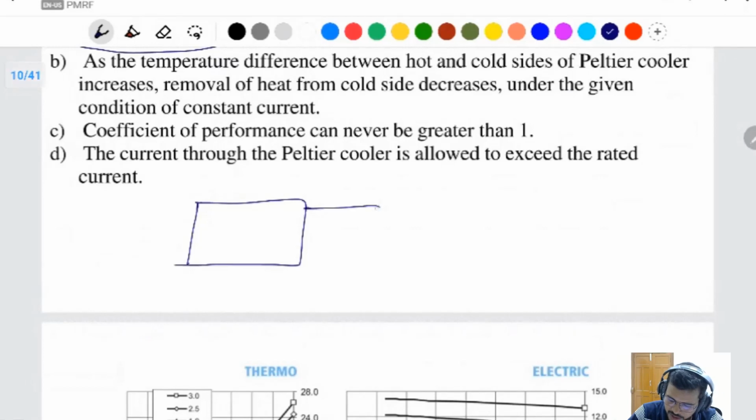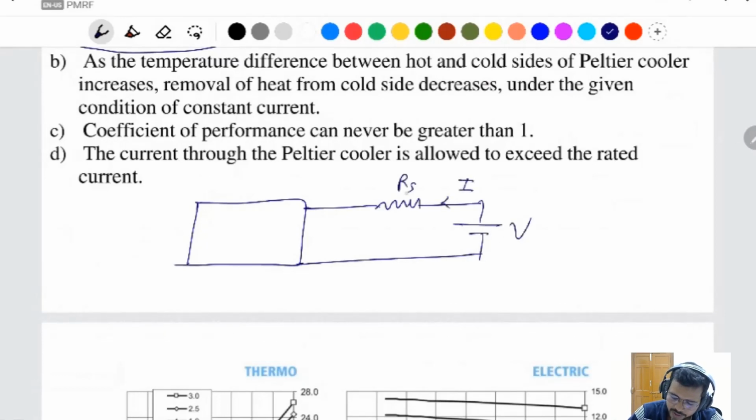This will be only a resistance and a voltage supply through it. V = I R plus S. This is the Vp, the Peltier device voltage. This is the Ip. I is the same as Ip.